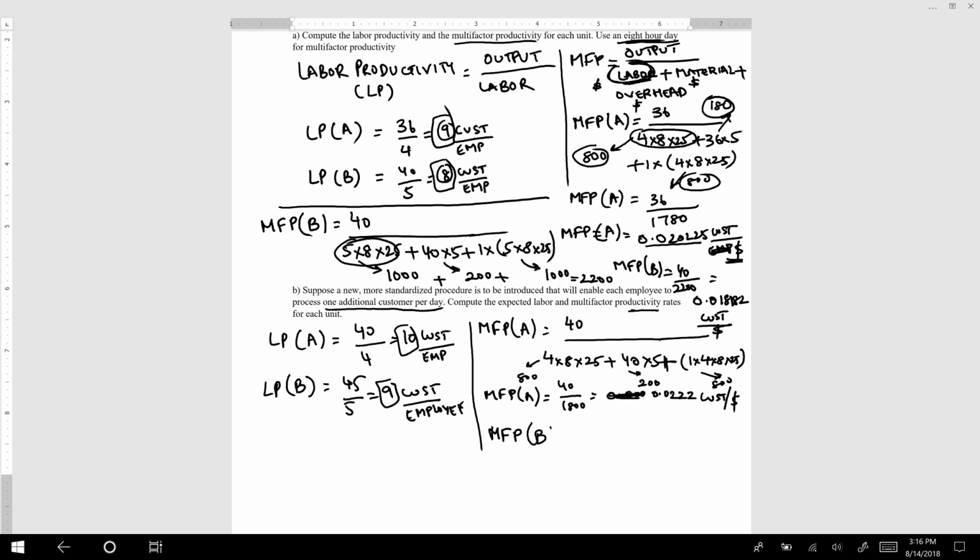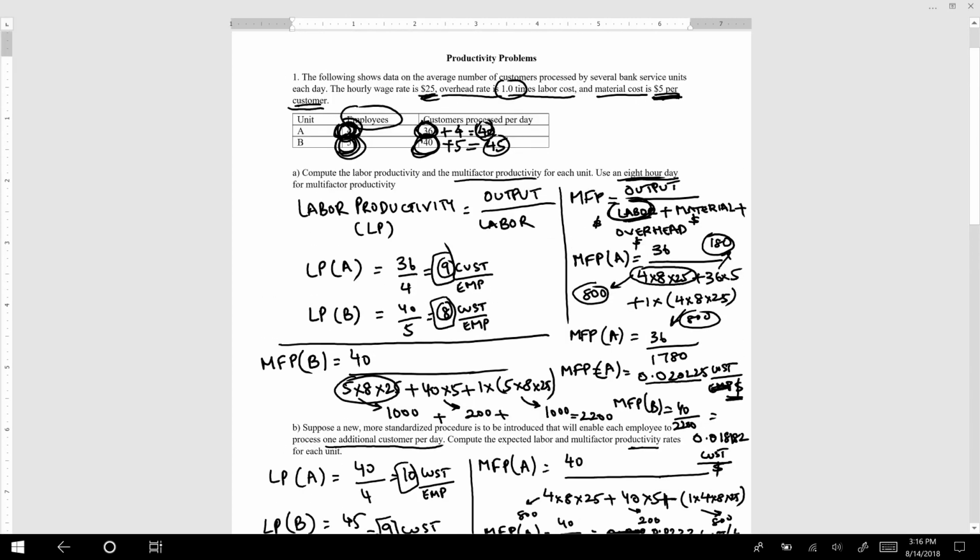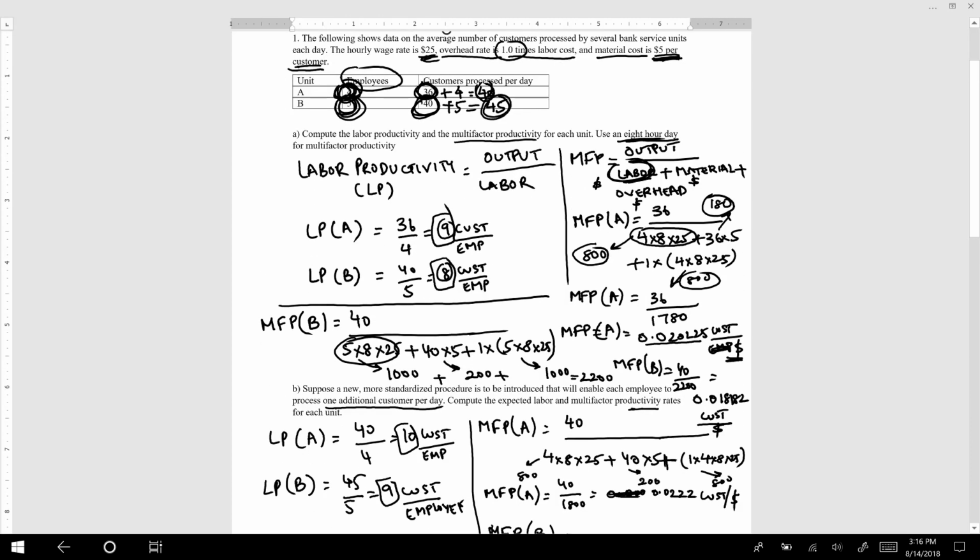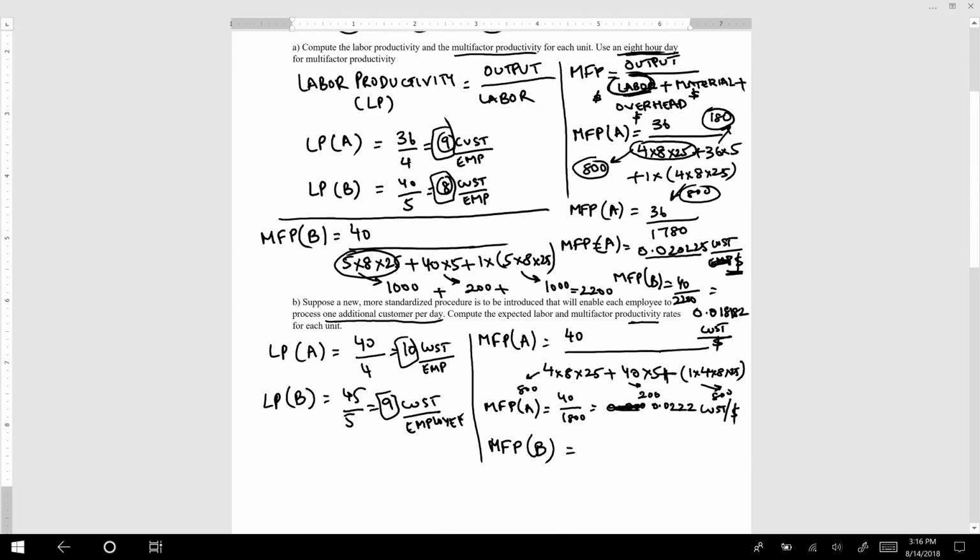Similarly, the multi-factor productivity for unit B would be, now we have 45 customers, so we will do the output as 45.